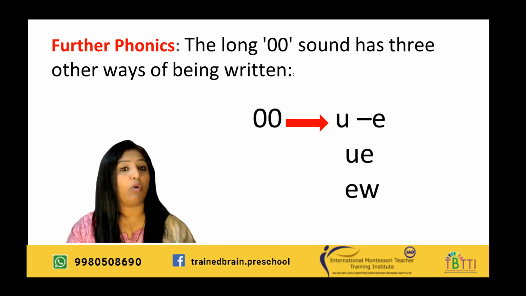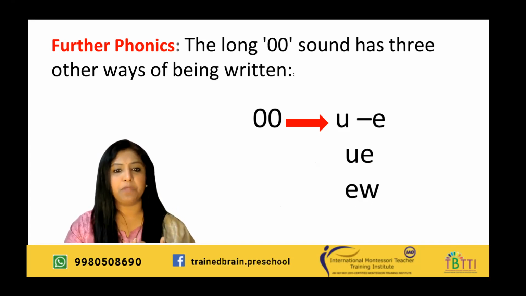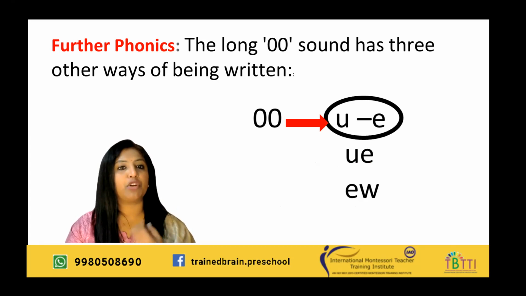Now the long oo has 3 spellings. One is a split digraph with the combination of U hyphen E. One is the combined letters U and E together. One is with E and W together. They all make the same sound, long oo. Let's see the first combination, the split digraph U-E.